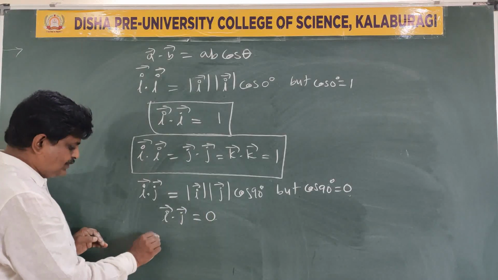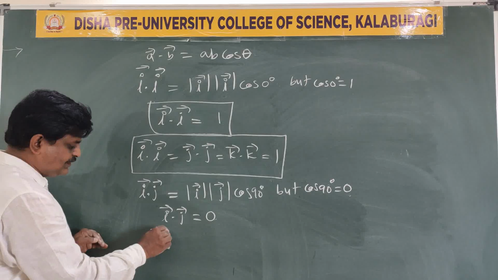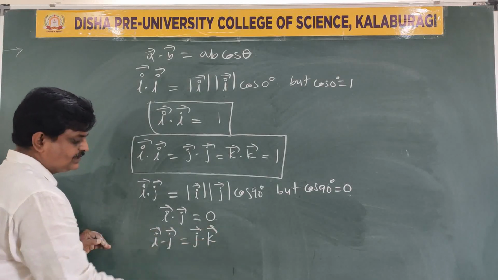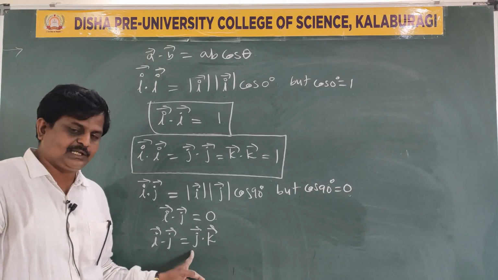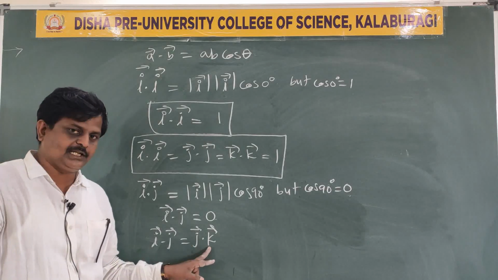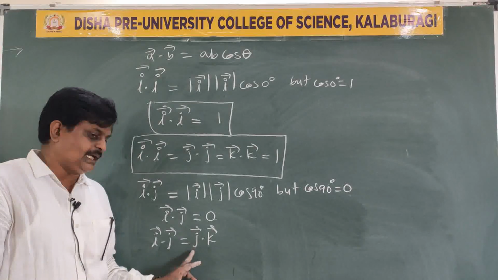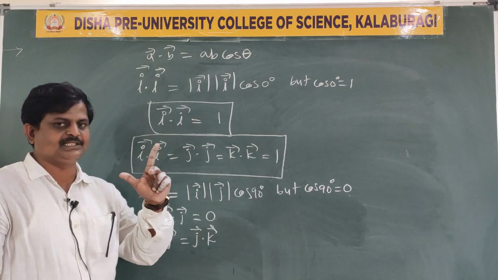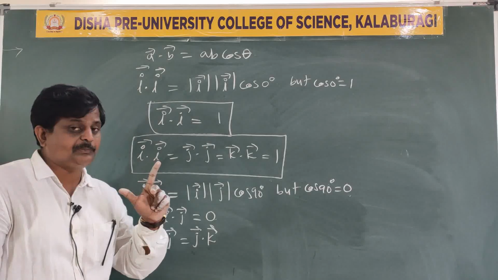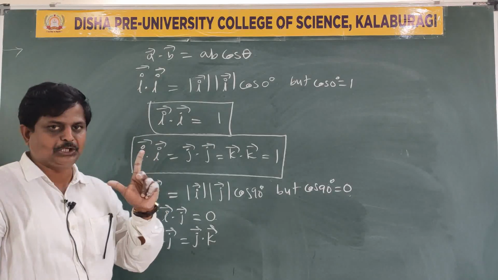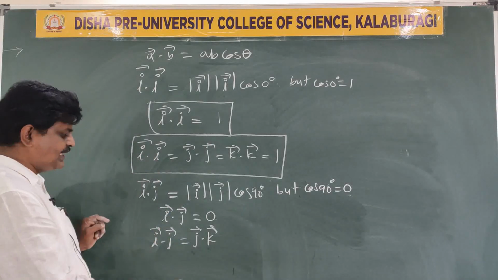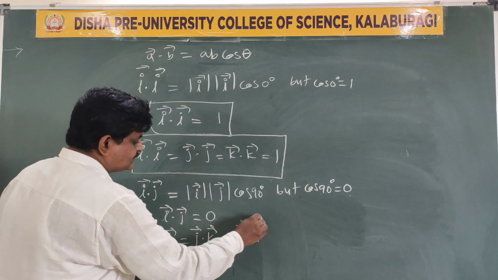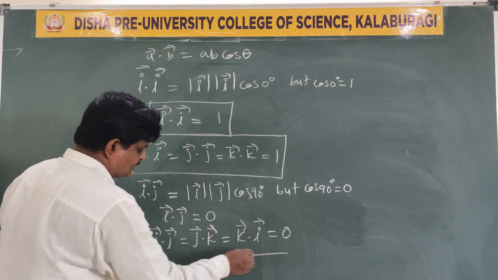Similarly, when you operate j dot k, please, j dot k means what? J is the unit vector along the y-axis and k is along z. Once again, the angle between y and z is also 90 because the x, y and z axes are mutually perpendicular to each other. Recall that. So when you operate j dot k or k dot I, the result you will get is 0.